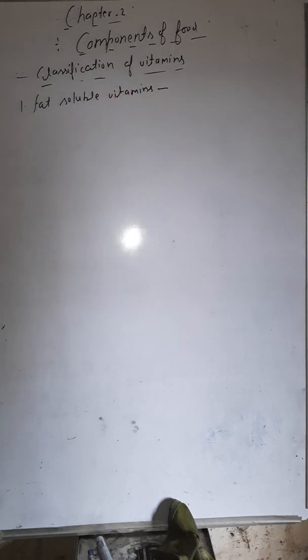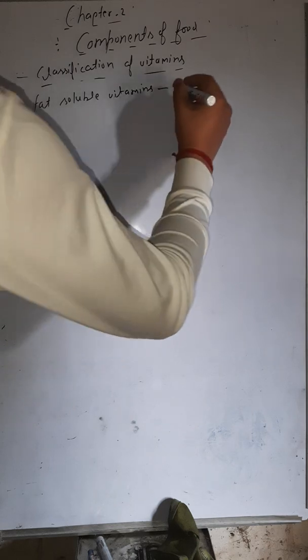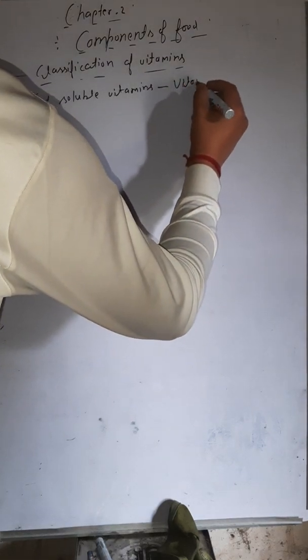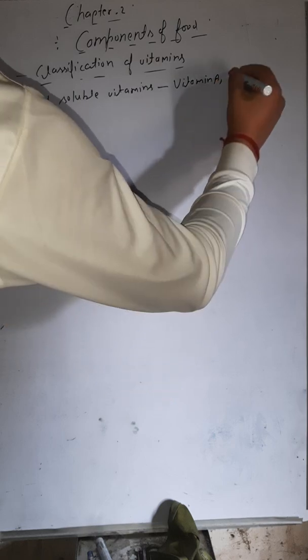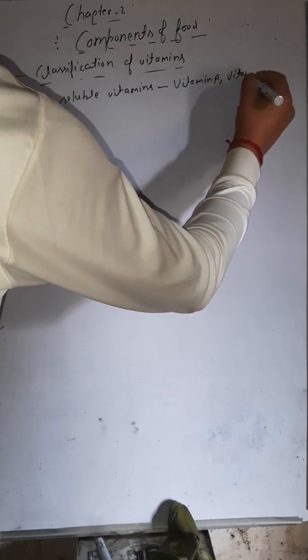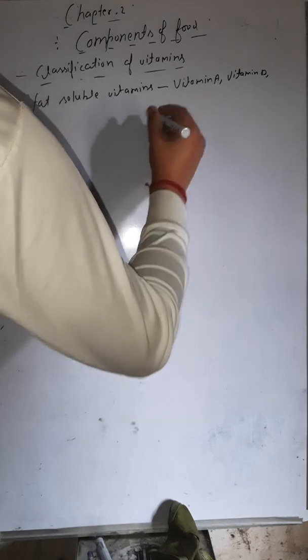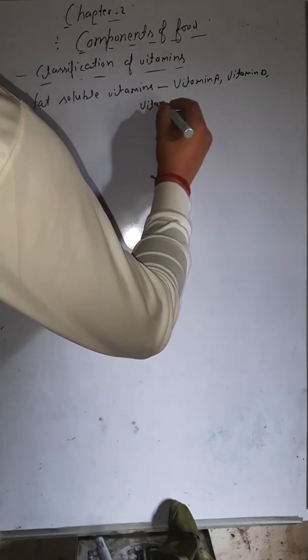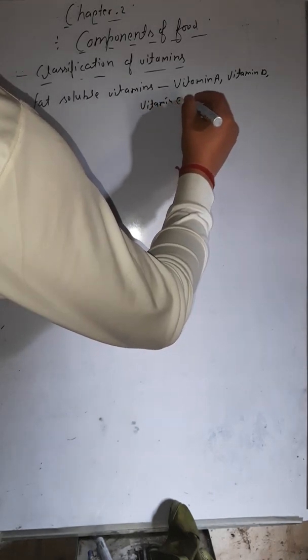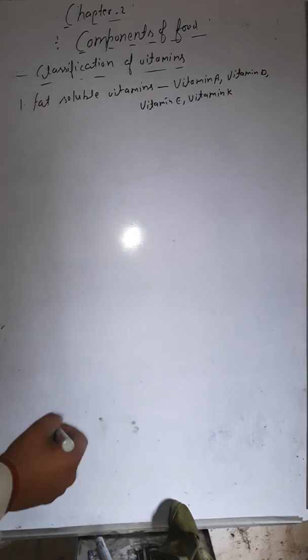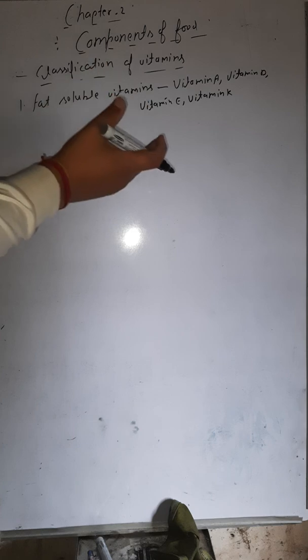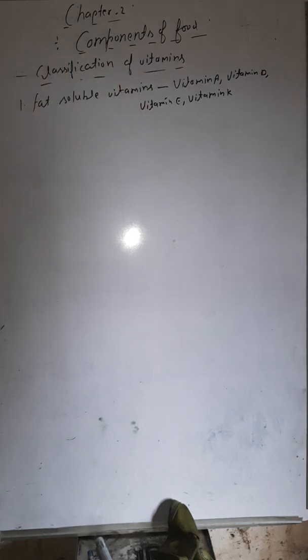Fat soluble vitamins. So here you have vitamin A, vitamin D, vitamin E, and then vitamin K. So these are known as the fat soluble vitamins.